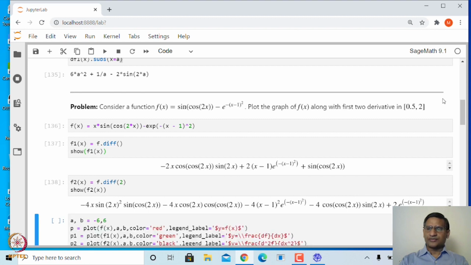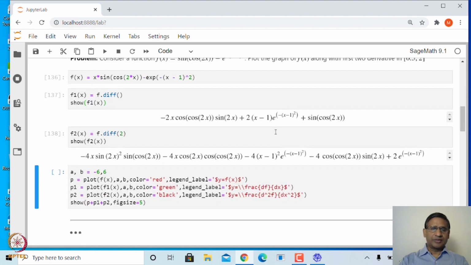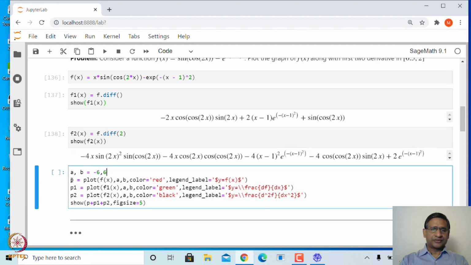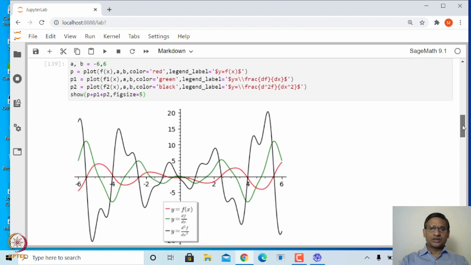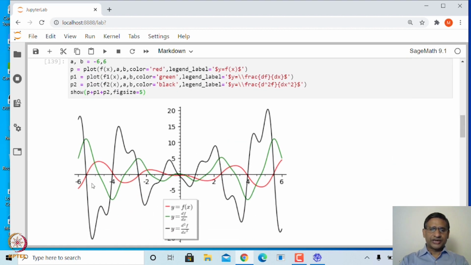Now, let us plot the graph of f(x) between minus 6 and 6, with the legend label f(x). Then P1 is the graph of f1 and P2 is the graph of f2, and then we add P plus P1 plus P2. That is the graph of f, which is red in color, the derivative which is green in color, and the second derivative which is black in color.